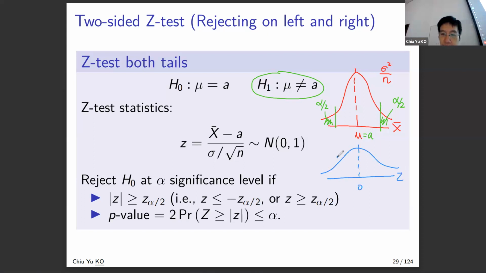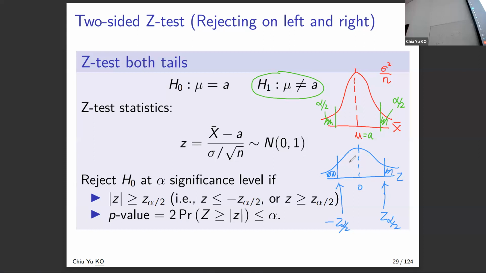The critical value would be Z alpha over 2 and negative Z alpha over 2. And if it falls in the blue region, then you reject. The same thing, just now with two sides, you put the probability equally.